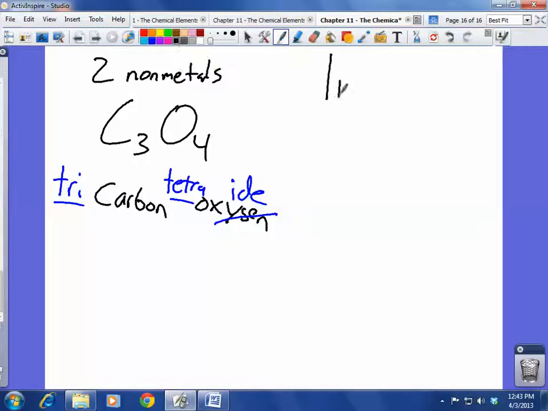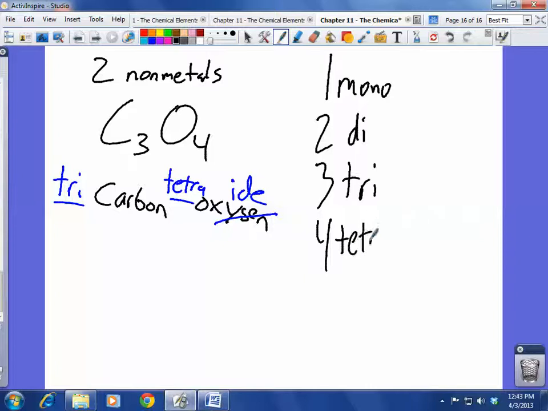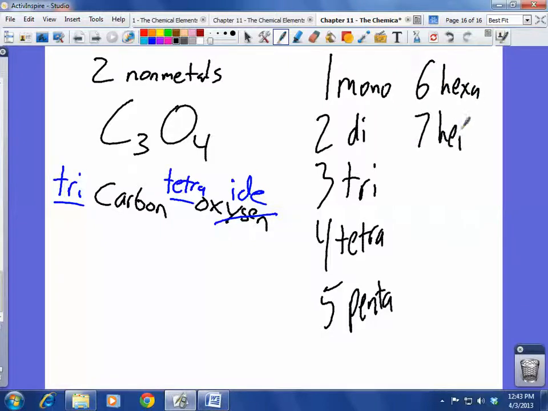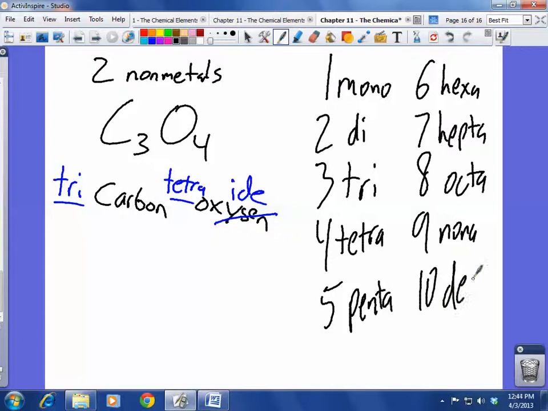But 1 is mono, 2 is di, 3 is tri, 4 is tetra, 5 is penta, 6 is hexa, 7 hepta, 8 octa, 9 nona, and 10 deca.